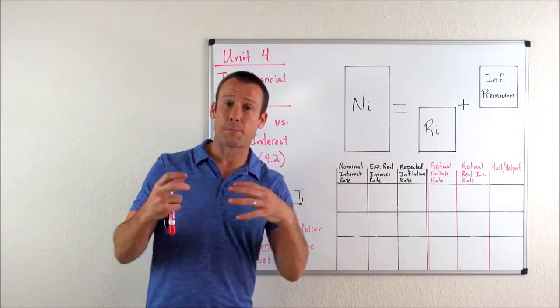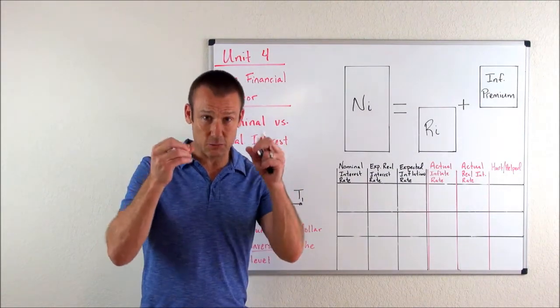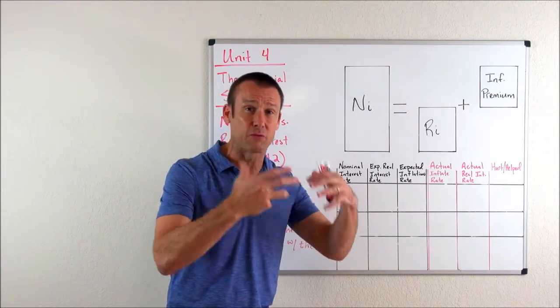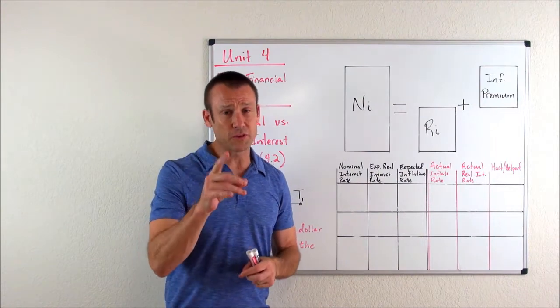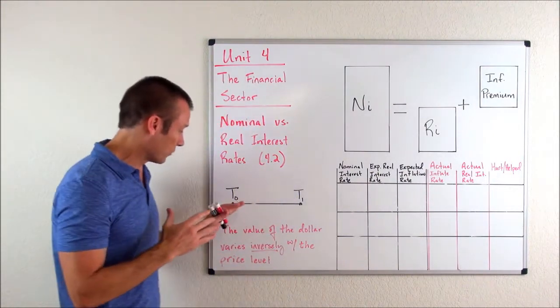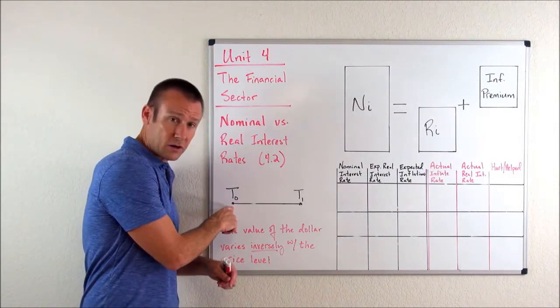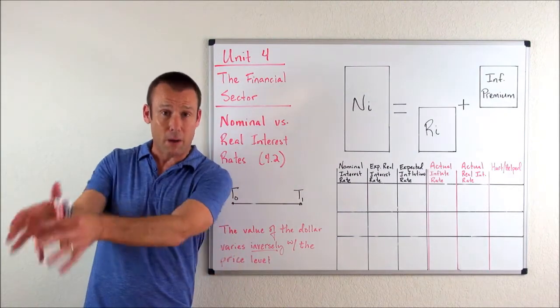The real interest rate from a borrower standpoint, I'm just going to give you one definition, pretty straightforward. It is the expected percent increase in goods and services the borrower is expecting to have to forego on an annual basis. So what I'm saying there, guys, and I'm going to use this little timeline right here, is the borrower who borrows some dollars here at T0. Why did they borrow the dollars? To go buy goods and services.